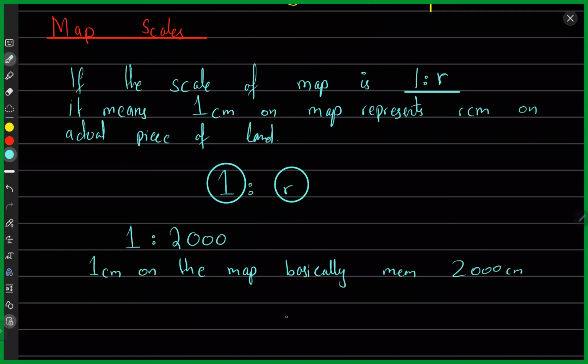If I have a big room, but if I talk about its structure on the piece of paper or on map, let's say it's 1 and it's 2. So actually it's not possible that the room's length is 1 centimeter and the width is 2 centimeters. No, it's just what I have on map. But actually the dimensions would be 2000 centimeters. Like this thing would actually be 2000 and this thing actually would be 4000, right?